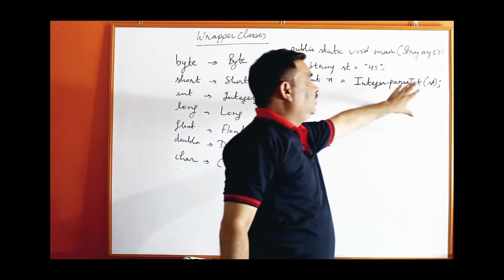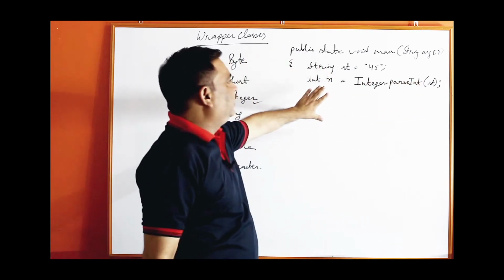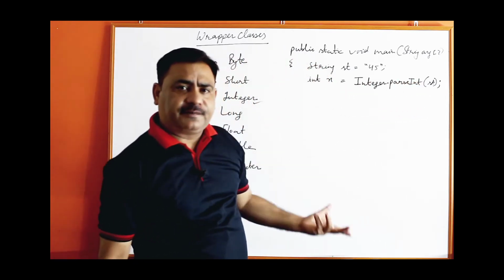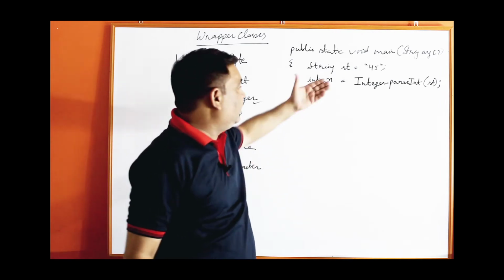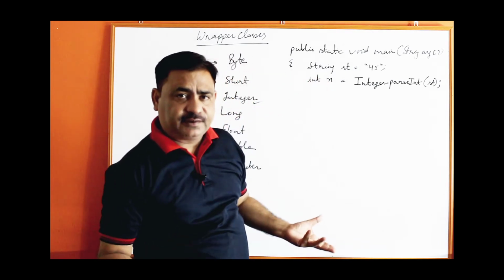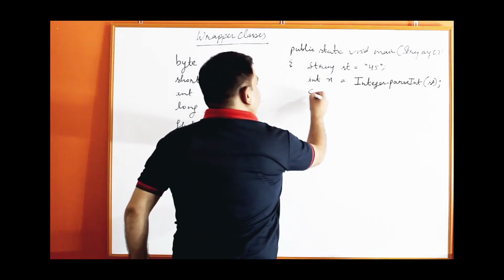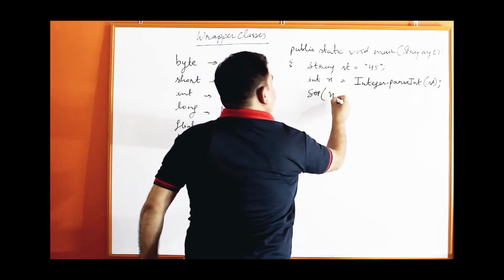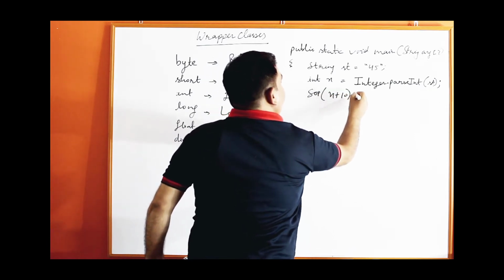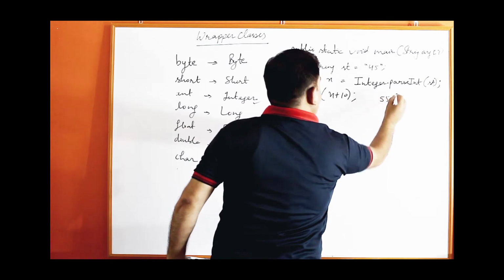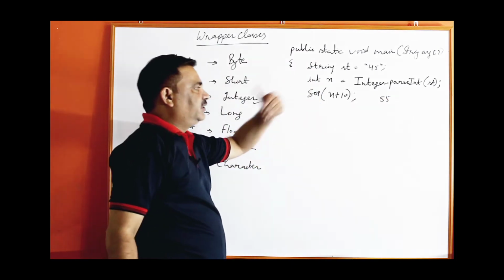So now this string value will be converted into integer 45. You can print and check, and you can now use this value for calculation. If I write n plus 10, then what will it print? It will print 55, because now it is an integer.